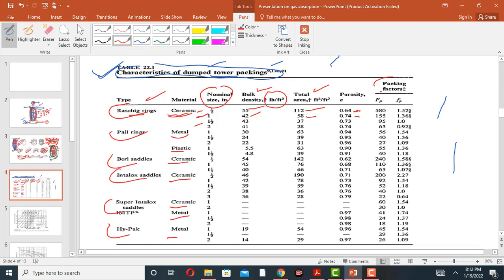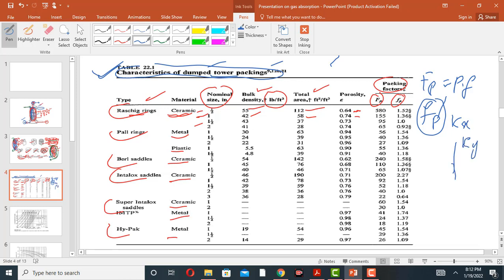Similarly, this is the packing factor, the Fp, and the small Fv and the capital Fv. So this packing factor Fp is called the pressure factor. This Fp is called the pressure factor, and this Fv is the packing factor used when a mass transfer coefficient is used in our calculation.